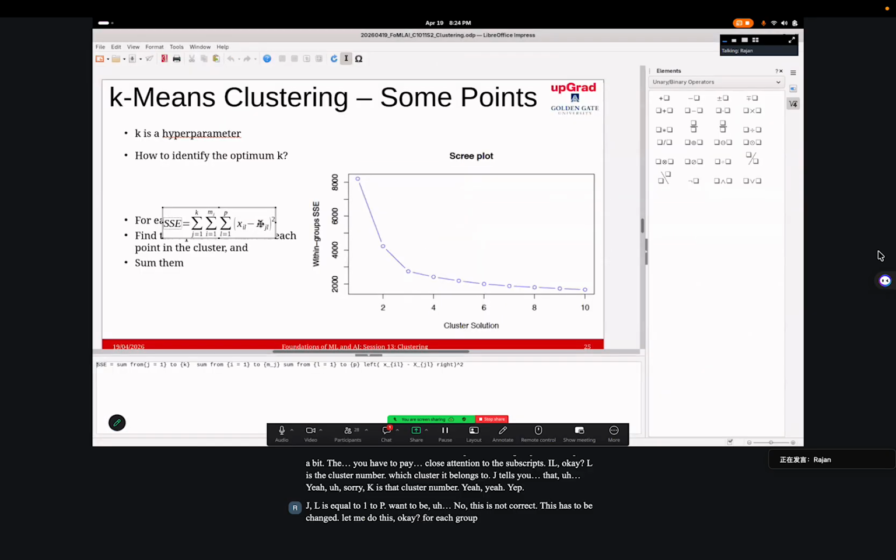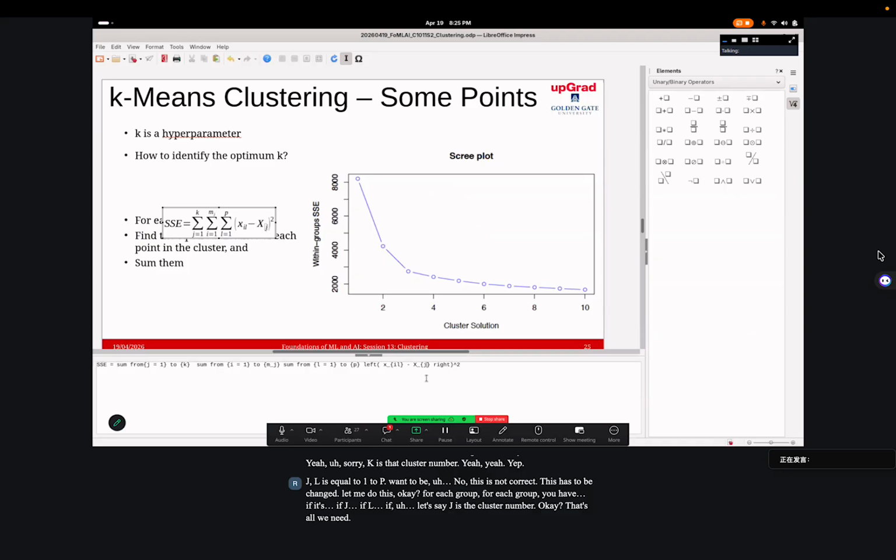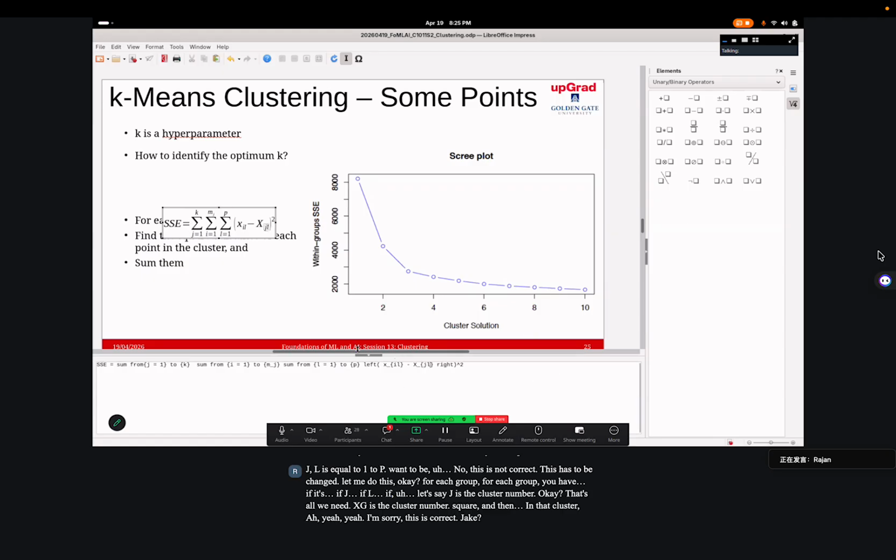For each group, let's say j is the cluster number. That's all we need. And then squared, and then in that cluster, I'm sorry, this is correct. Okay, sorry, I forgot this.